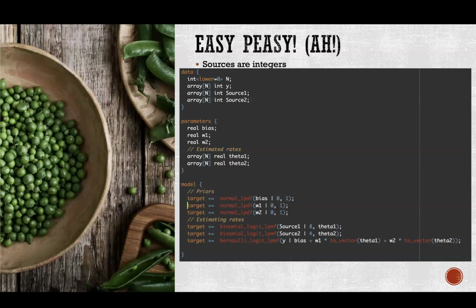One model in which, in transformed data, we transform source 1 and source 2 into the pointwise estimates that we did before, divided by 8, then on a log scale, and then estimate the model. And in the second model, instead, we do the full uncertainty propagation.